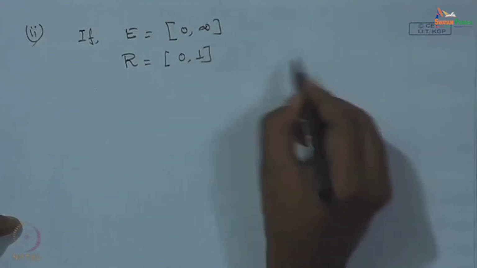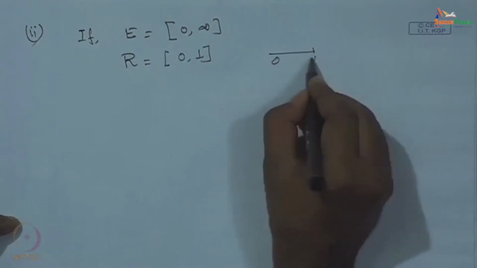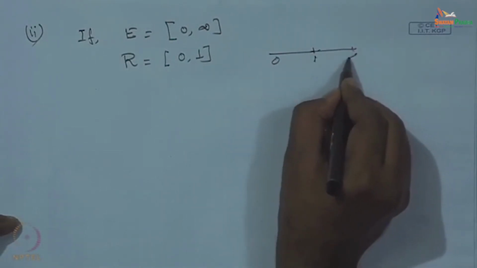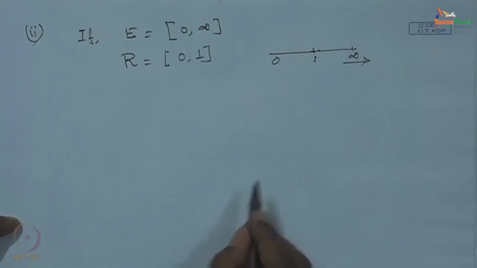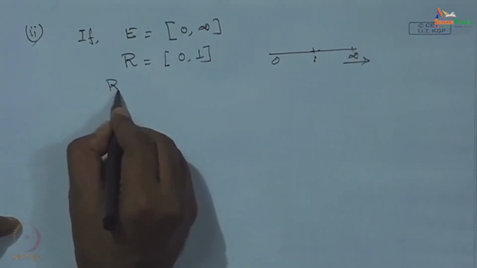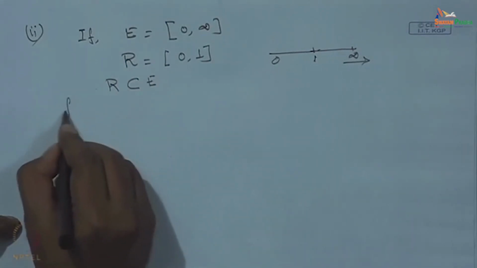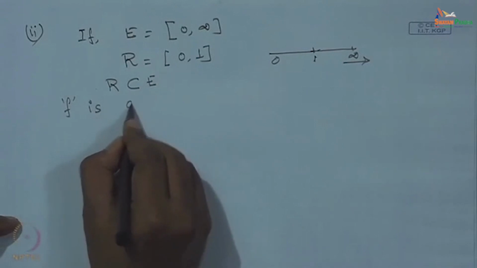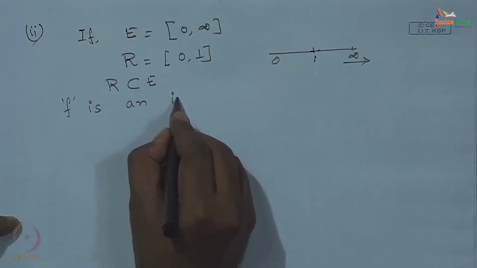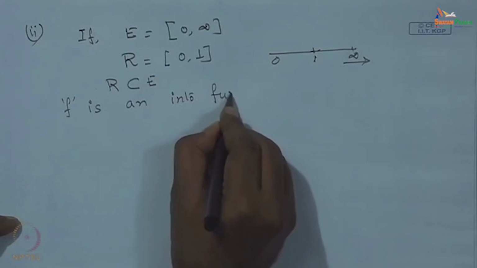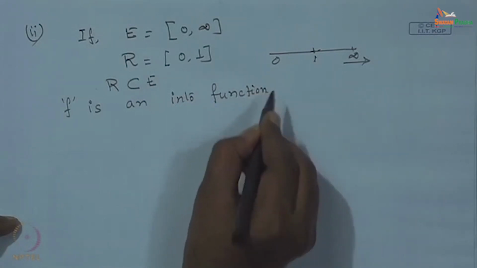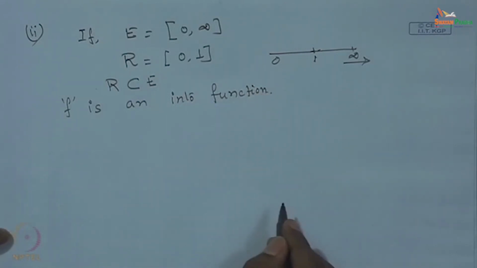So, of course, 0 to 1 is a subset of 0 to infinity in the real space. So, therefore, R belongs to the set E. So, therefore, f is an into function.